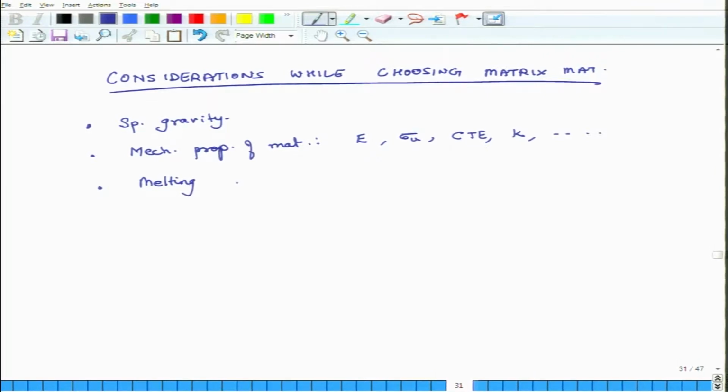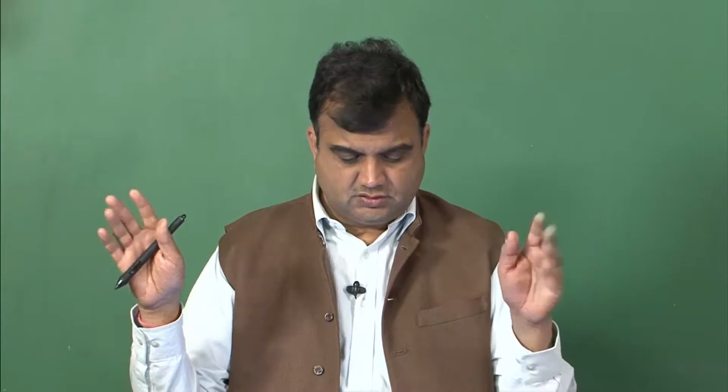Okay. Now, the third one is very important, melting temperature. Now, some matrix materials do not have a melting temperature. For instance, some thermoset polymers do not. So, you heat them and after a certain point they will just decompose. So, either you can consider melting temperature or the decomposition temperature of the material.